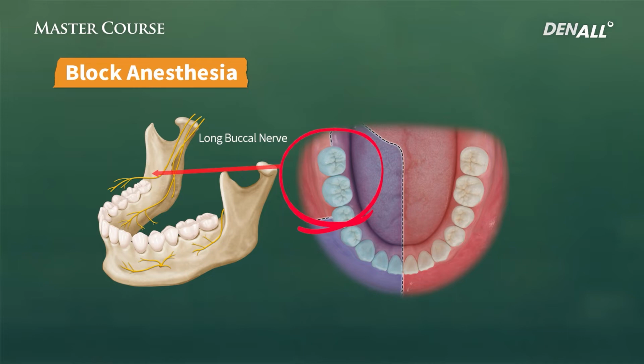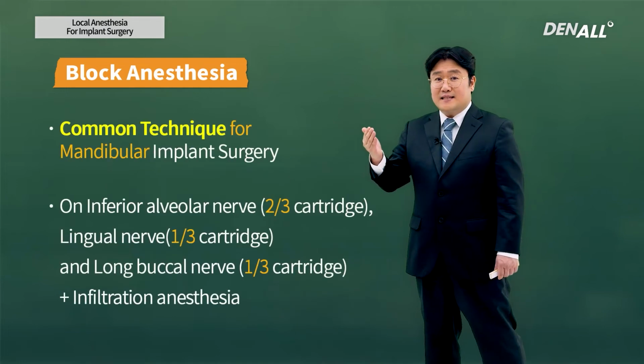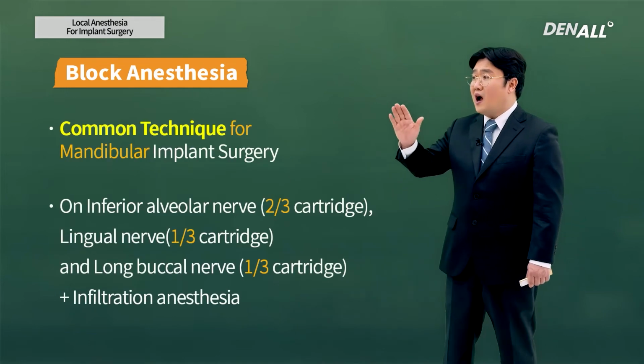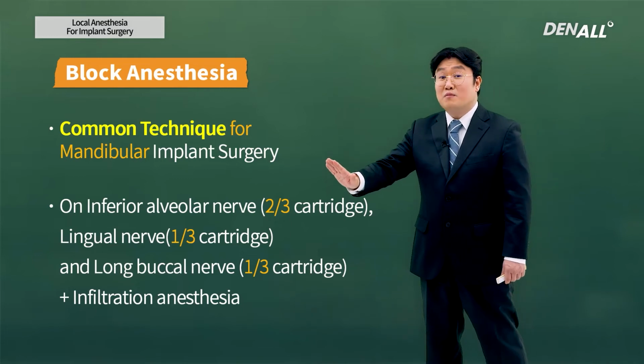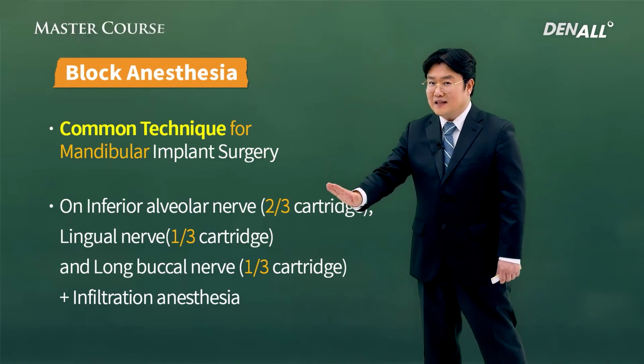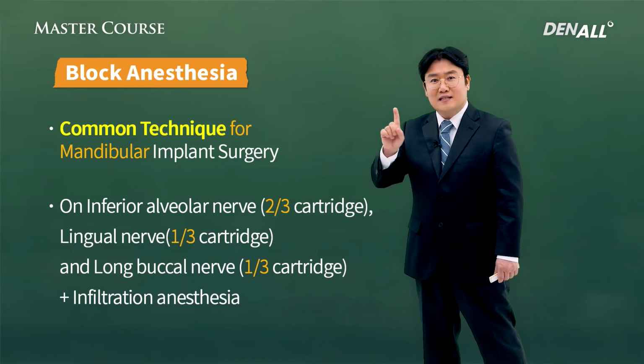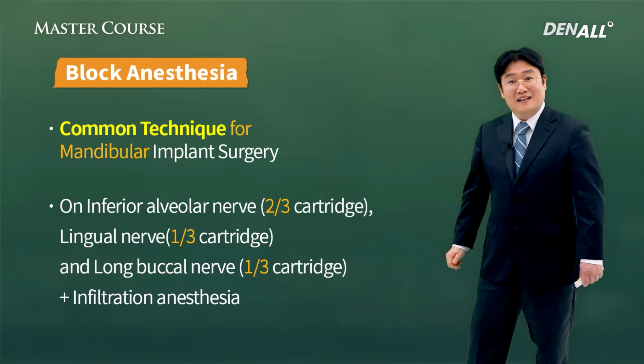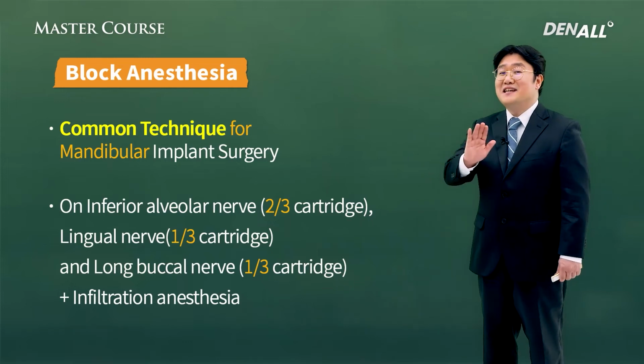The long buccal nerve blocking is not that difficult. 2/3 cartridge should be used to block the inferior alveolar nerve and lingual nerve, and the remaining 1/3 of the cartridge should be used to block the long buccal nerve.